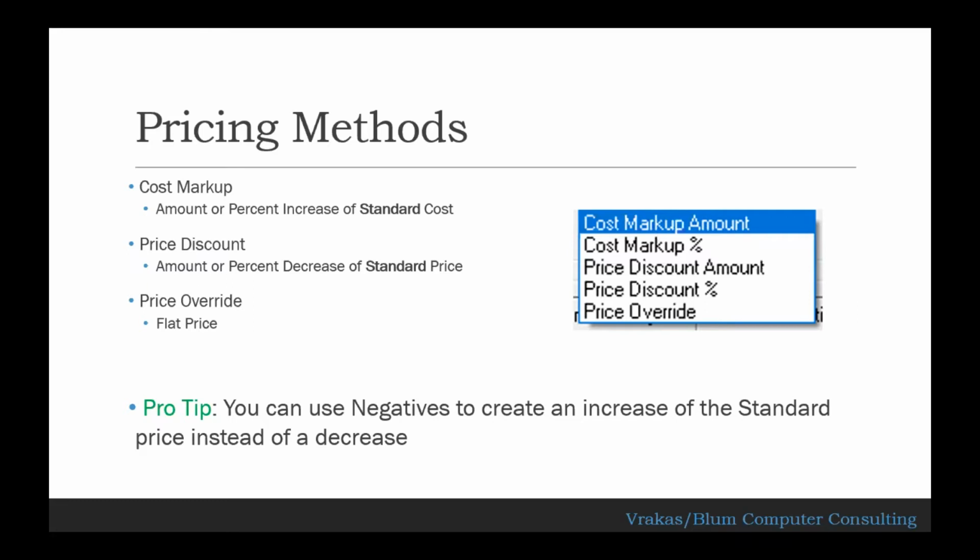I did this with a client many years ago and it worked really well. They wanted to mark up to more of a retail price when the majority of their customers were wholesale. So their standard price was a wholesale price and they wanted to create a level that allowed them to increase that price instead of discount it.